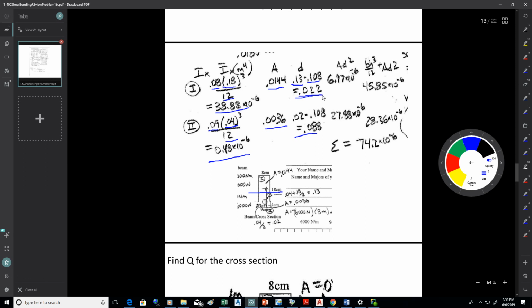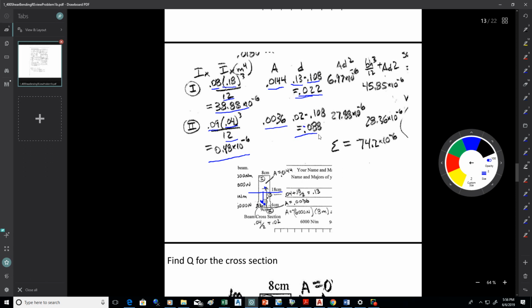That's the distance, the offset from the neutral axis to the centroid of the upper rectangle. The lower one, what you would do is you would take the 0.02 minus the 0.108. So what you're doing there is you're taking the 0.02, that's the height to the centroid of the lower rectangle, and looking at the difference between that and the centroid. So that's a negative 0.088.